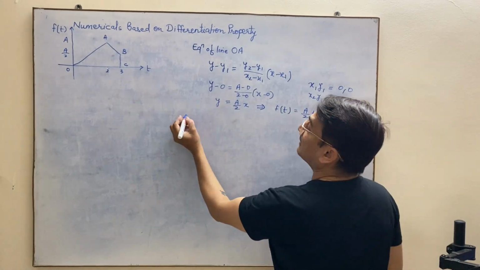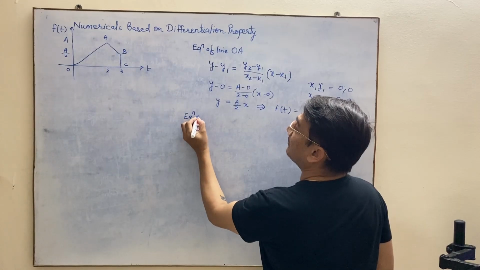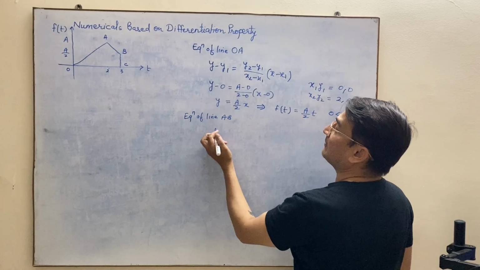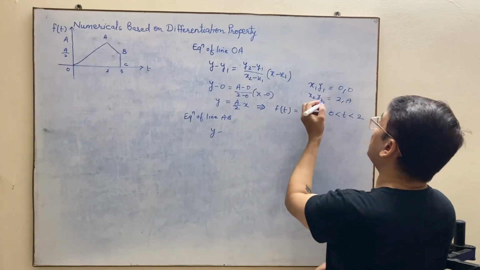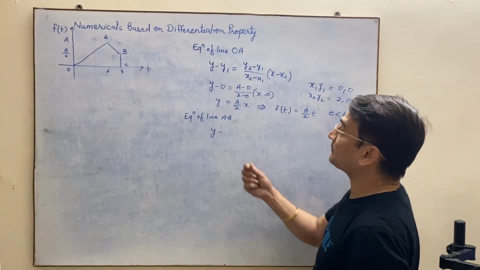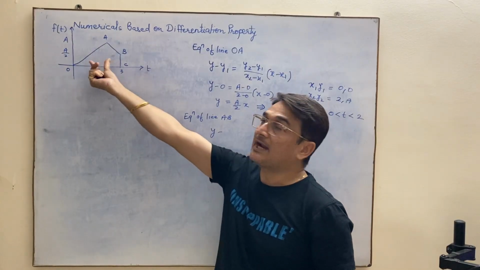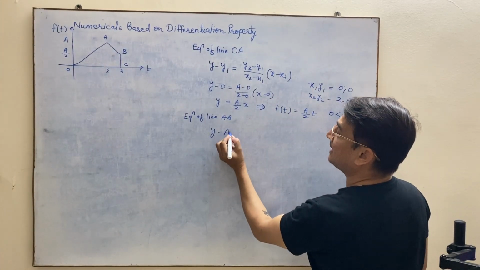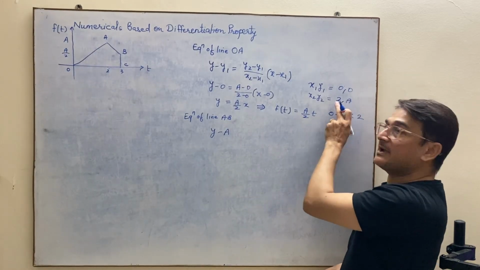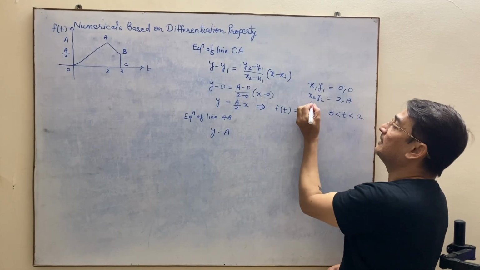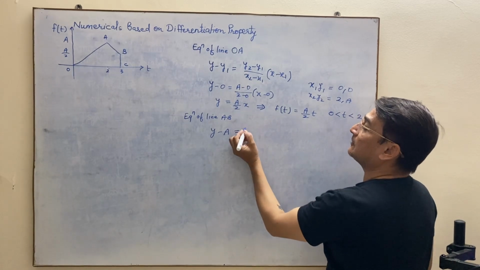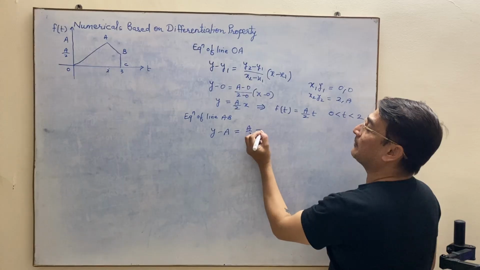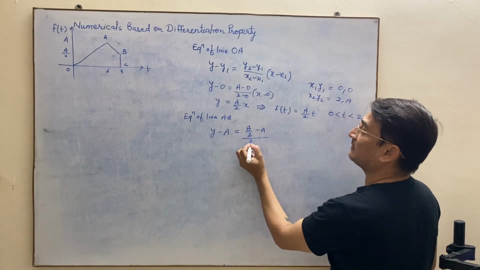Now you will calculate the equation of line AB. Again y minus y1. What is the coordinate of B? This is 3 and a by 2. So y minus a, because now 2 and a will become x1, y1, equals, for B, 3 and a by 2 minus a upon 3 minus 2.